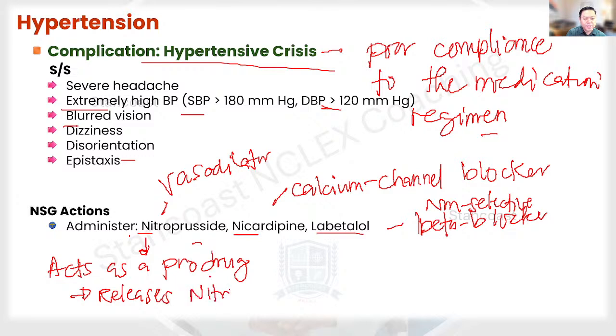Nitric oxide. Now, this is a big deal, guys. When you hear about nitric oxide, or NO, this will now bind with the smooth muscles of the blood vessels.